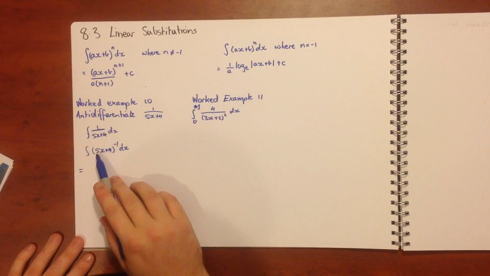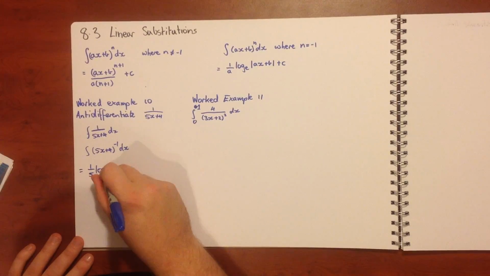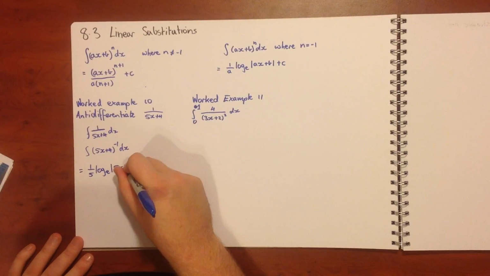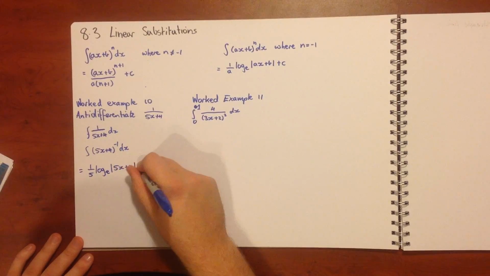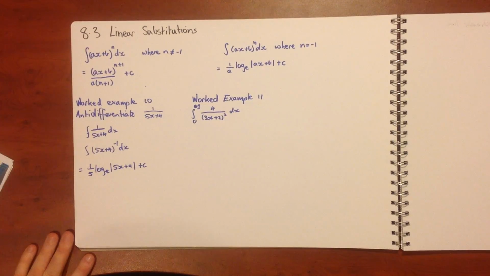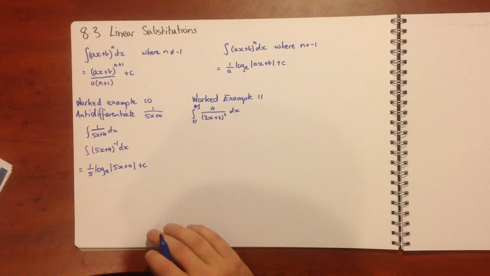Our coefficient of x has to come out and be 1 on 5 log to the base e of the modulus of 5x plus 4 plus c. Far easier than that worked example done using our substitutions. So you can see that's worked example 10. If you have a look at that, it's far more complicated than what we've just done.